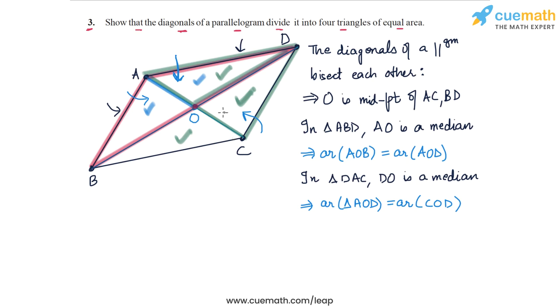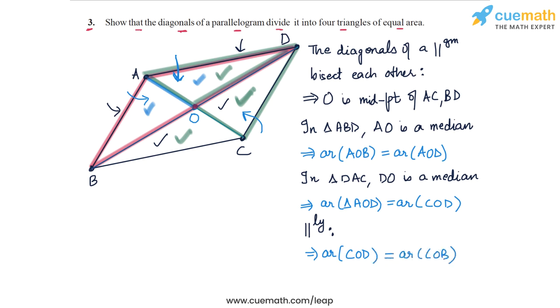in a similar manner we could show that the area of COD will be equal to the area of COB, because CO is the median for triangle CBD. So we can directly write it now. Similarly, we will have the area of triangle COD the same as the area of triangle COB.